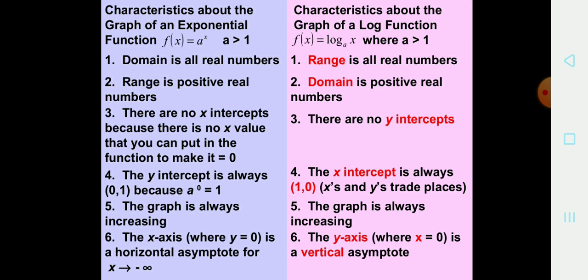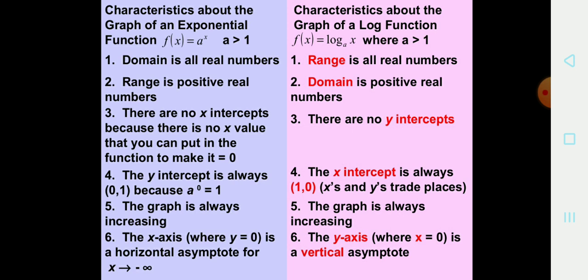Now the characteristics of the graph of the logarithmic function. f of x equals log base a of x, where a is greater than 1. The range is all real numbers and the domain is positive real numbers. There are no y-intercepts, and the x-intercept is always 1, 0.